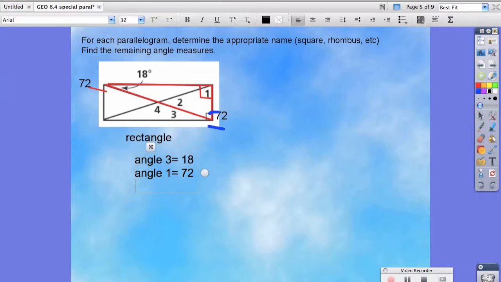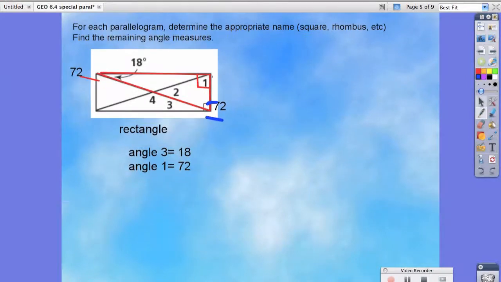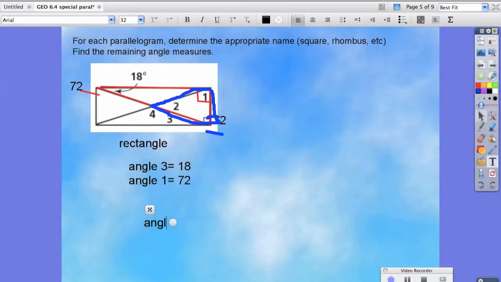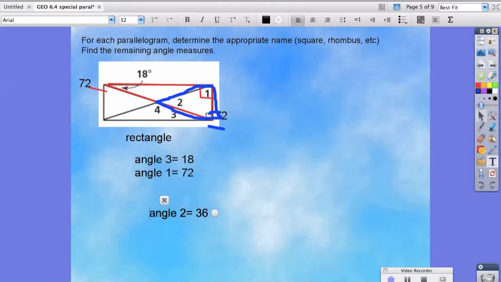And if we look at this little triangle in blue, and we know we have 144 degrees total, then we have to come up with 180, which would mean that angle 2 equals 36 degrees. And because we have supplementary angles with 2 and 4, that must mean that angle 4 equals 144, and it's a rectangle.